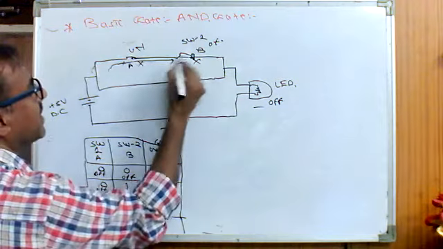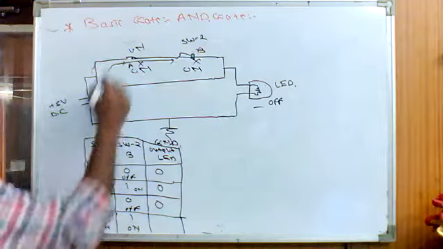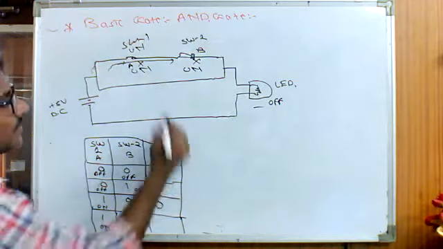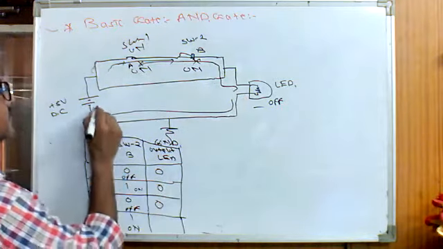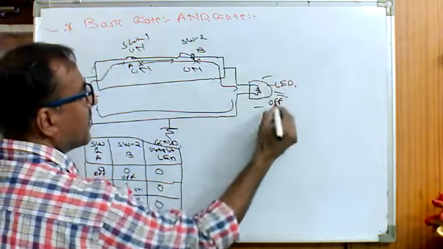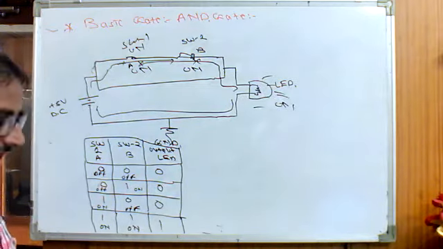Both inputs are high: switch 1 is on, switch 2 is on. So the current passes all the way through, carrying plus 5 volt to the LED. So the output is high.